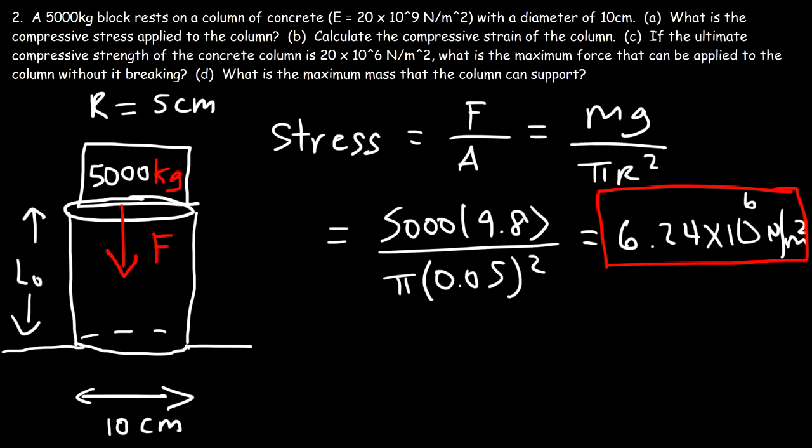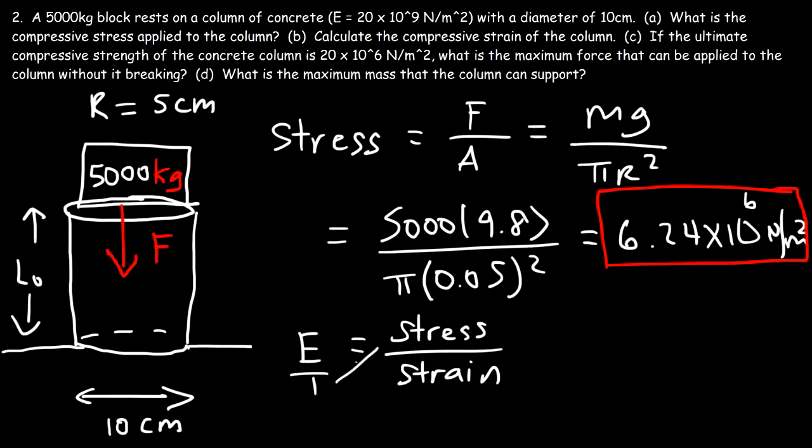The second way in which you can calculate the compressive strain is by using this equation. The elastic modulus is the ratio between the stress and the strain. Well, stress over strain, not strain over stress. So we have the stress and the elastic modulus. We just got to calculate the strain. So let's cross multiply. So the elastic modulus times the strain is equal to the stress.